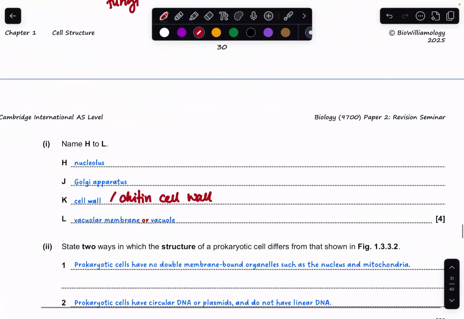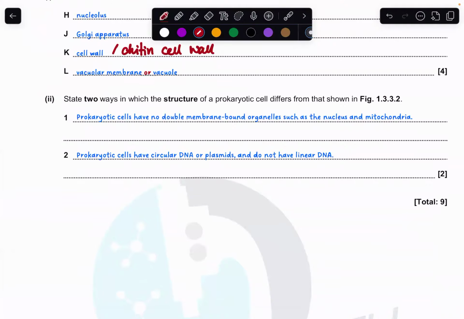Also, the prokaryotic cell has circular DNA or plasmids and does not have linear DNA. You can talk about other structures as well, how it differs from that shown. Don't talk about 70S ribosome because fungal cells do not have 70S ribosome. Talk about the peptidoglycan.